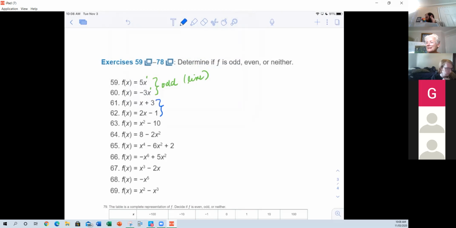Bree, what about 61 and 62? What do you think they are? What did you say? Are they even? Look at the exponents. What's the exponent, even though it's not written?